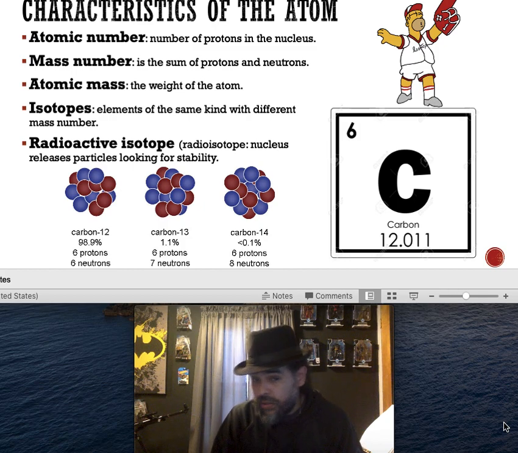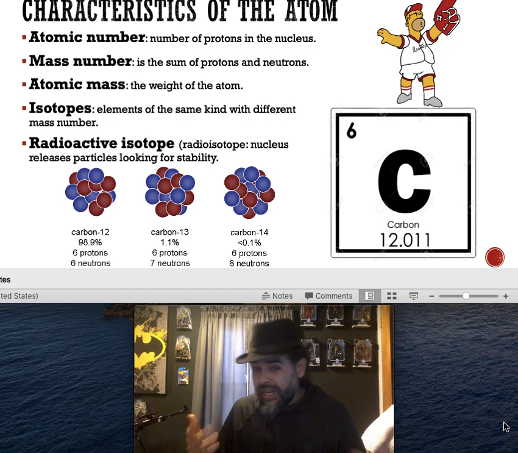And they are isotopes of themselves, because even though they have the same number of protons, being 6, they have different number of neutrons in that nucleus, which gives them different weights. Kind of like our different brands of the same chocolate ice cream. All 3 of them are what we call carbon, but they have different weights. And when we have elements that differ in weight like this, we call them isotopes.